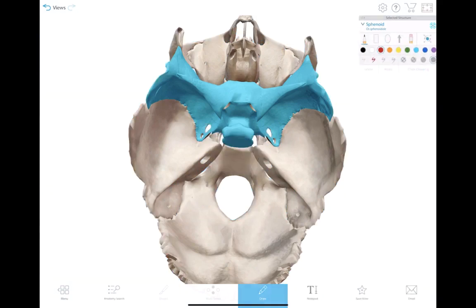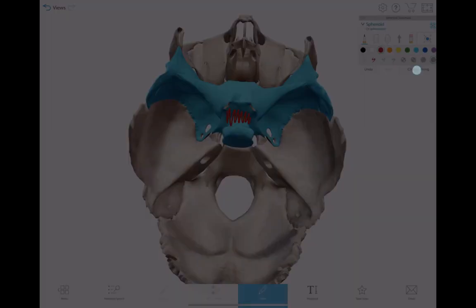In the middle it has this area here that looks like a little saddle, and that is the area where the pituitary gland would sit. The sphenoid bone actually touches all of the other cranial bones, which is a very unique feature of the sphenoid bone. So let me clear this drawing.